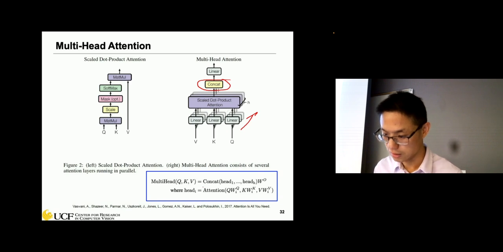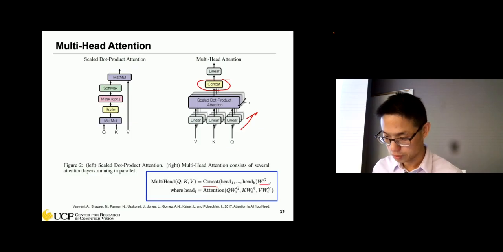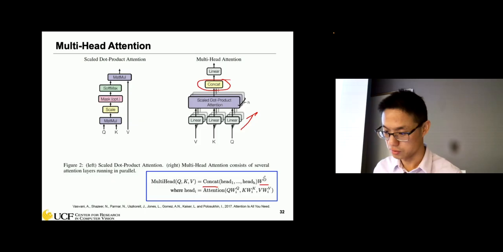So you concat all these different heads. Finally, once you concatenate them together, you have another projection matrix, WO here. This just does a linear transformation to make the dimension the same as your input dimension. This is not really very important, but the multi-head attention basically captures different representations and you concat them together. Okay.